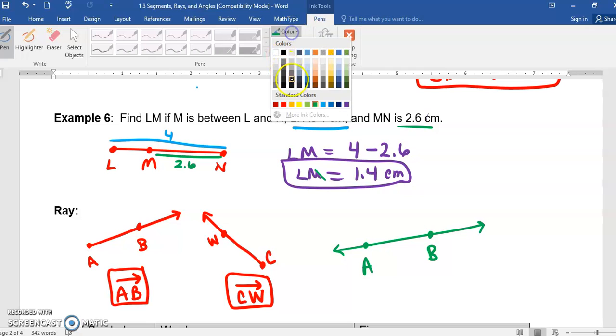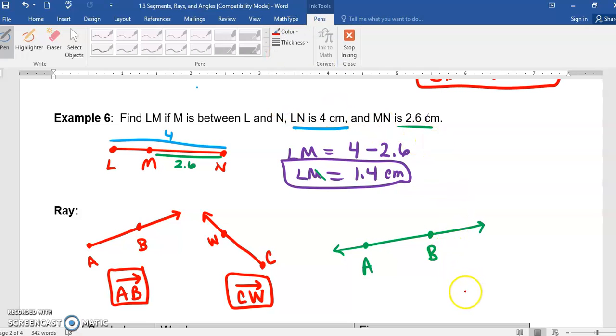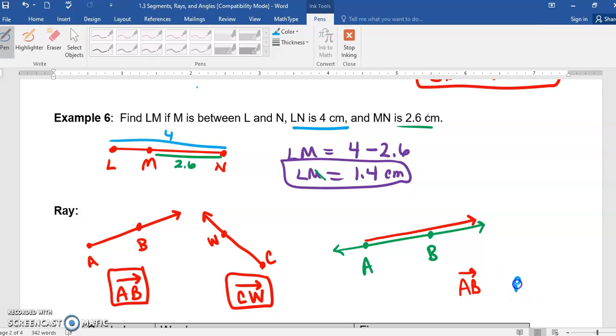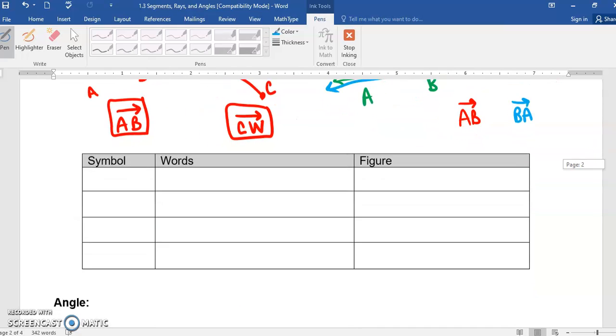You might have ray AB, which would be this part, but different than that is ray BA, because that starts at B and goes through A on forever. Okay, so these are not the same. So getting used to looking at those.